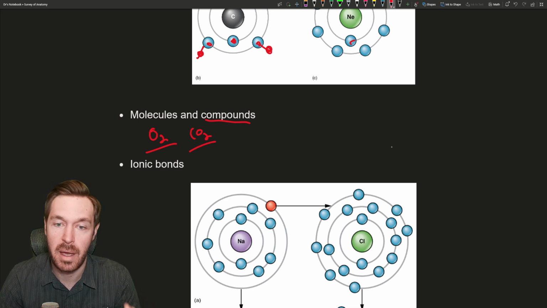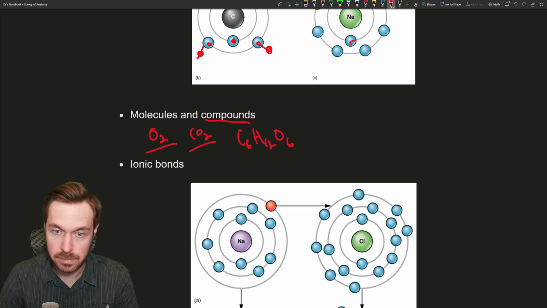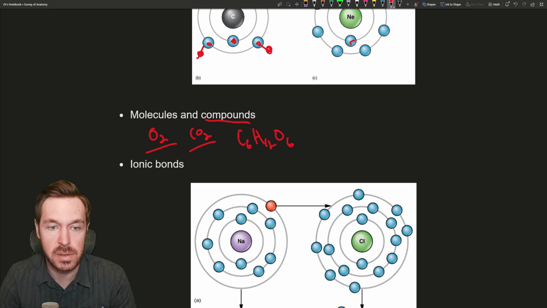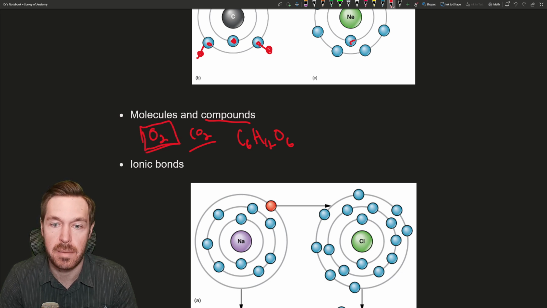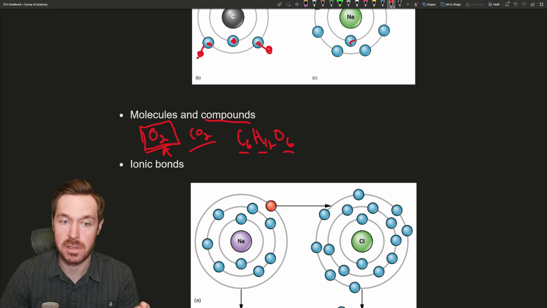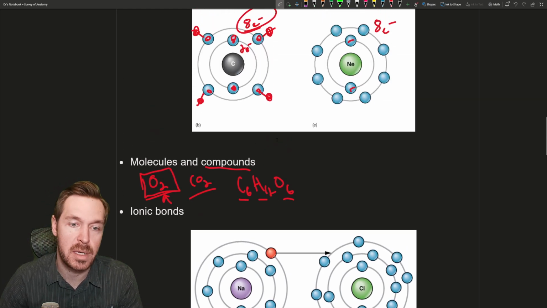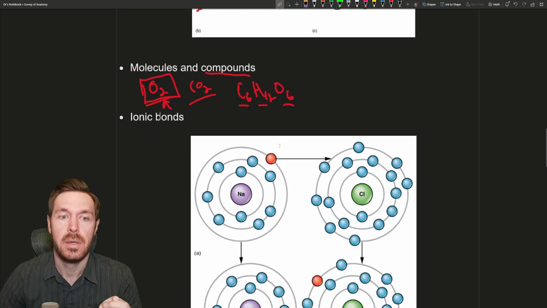So you could say a compound of glucose, C6H12O6, is glucose, or a carbohydrate. I say compound of glucose, but you could also say molecule of glucose as well. But you can't say a compound of oxygen because they are the same. Here, different elements. Here, all the same. So you can say a molecule of oxygen or a molecule of nitrogen, and that means it's nitrogen gas, oxygen gas, and so forth. So that's just the difference between an element, a molecule, and a compound.